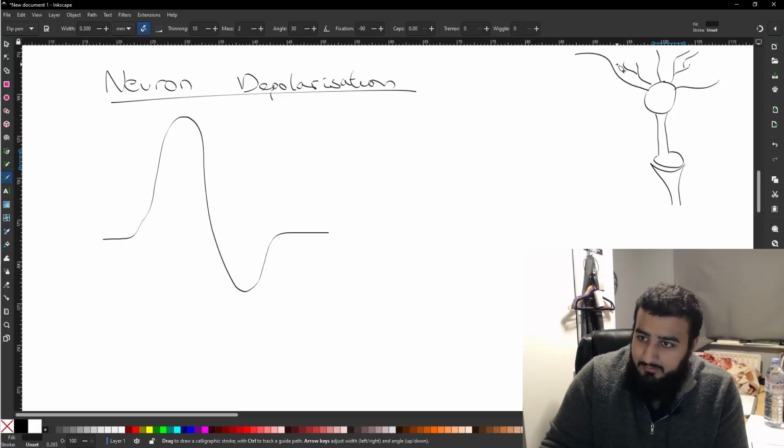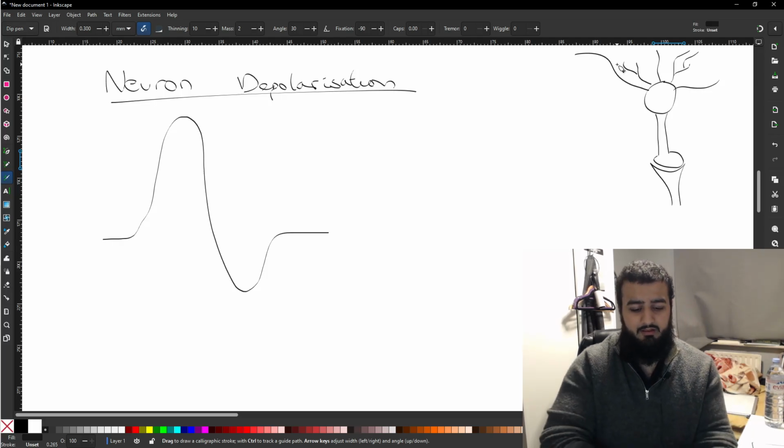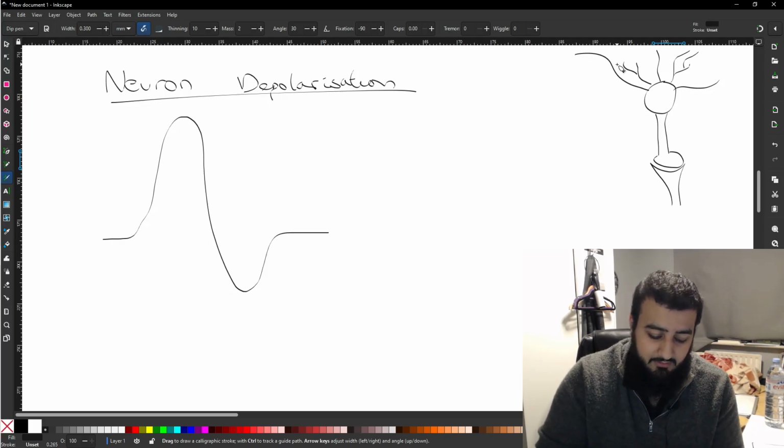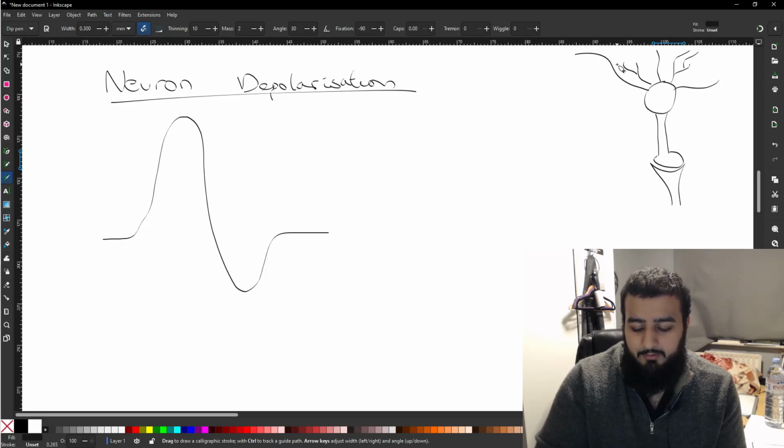If it's GABA, for example, it would be an inhibitory neurotransmitter. If it's glutamate, it would be excitatory. Whatever it is, if it's occurring at a dendritic channel, then it will be a graded potential.